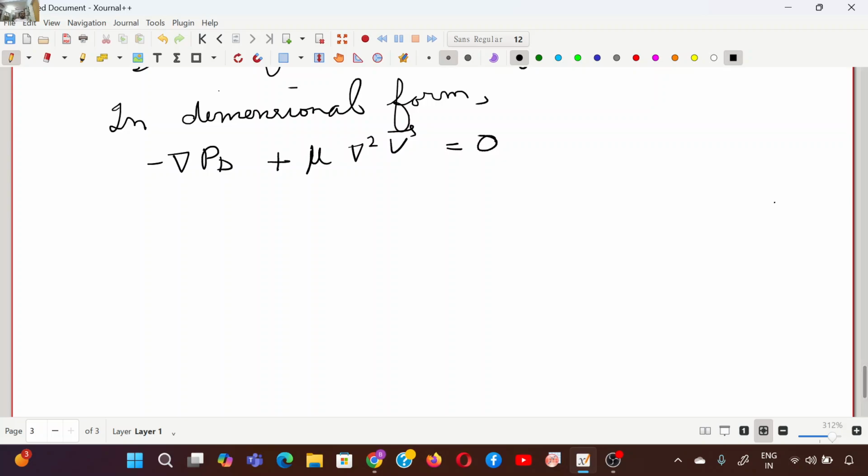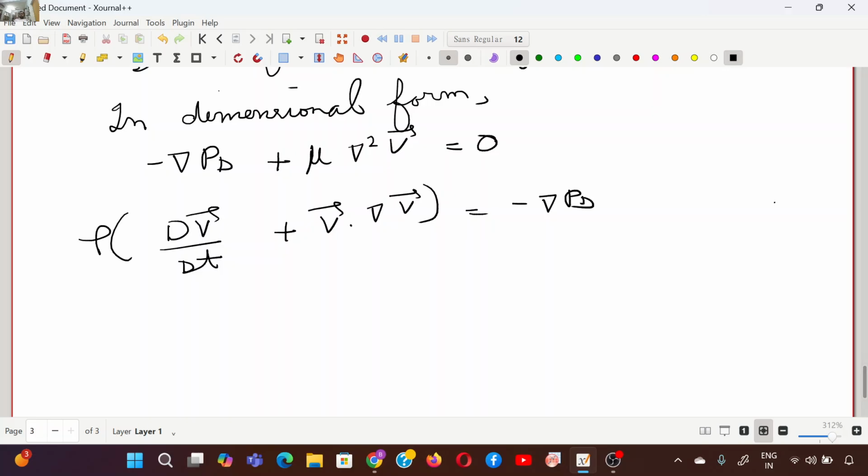So what is our basic Navier-Stokes equation? Okay, to get from here to here, basically, how do you get it from the Navier-Stokes equation?